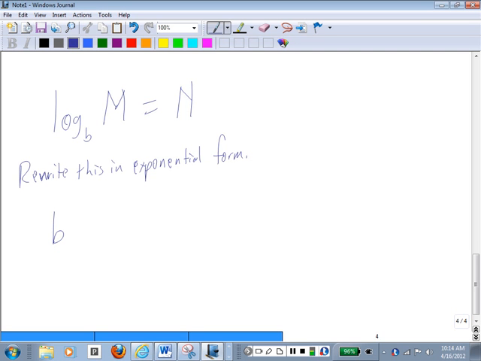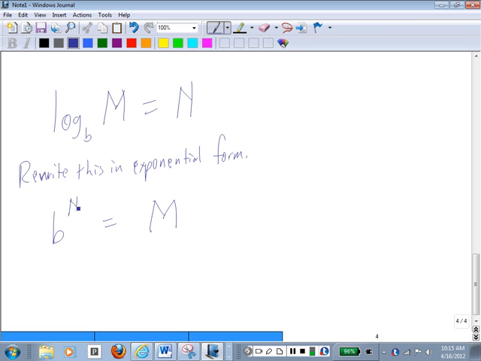That's the number that's being raised to a power. The power is what's equal to the logarithm. n is what's equal to the logarithm, so n is the exponent. And then, since n is the power that b can be raised to get m as the answer, when we take b and raise it to the power of n, we get m as the answer. So this is the equivalent exponential form.